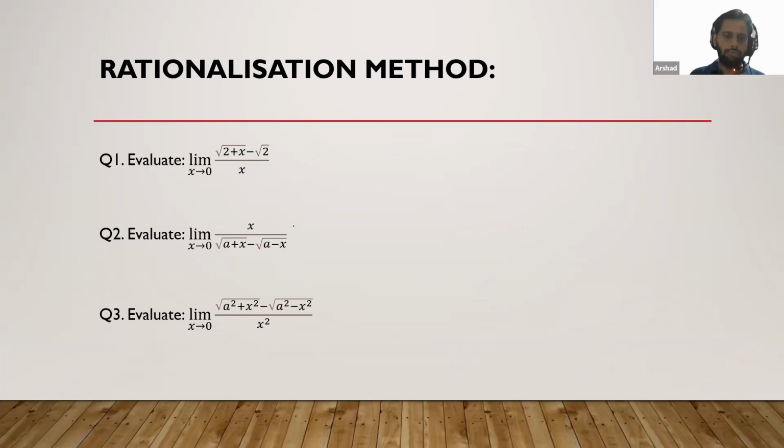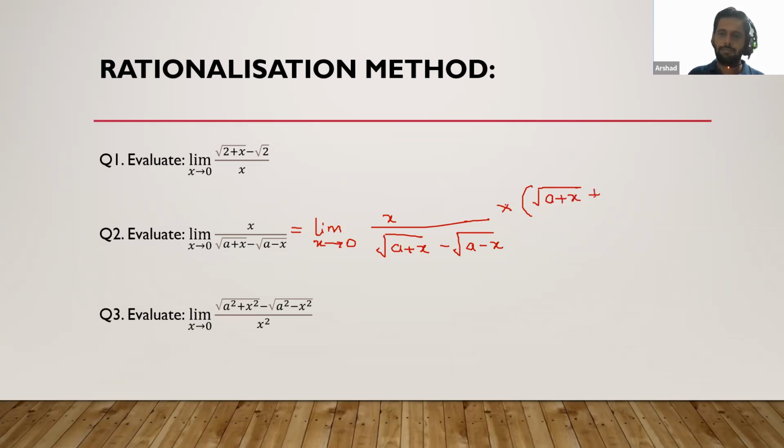Okay, Darshan, please check here. So this is limit x tends to 0, x by under root a plus x minus under root a minus x, into under root a plus x plus under root a minus x by under root a plus x plus under root a minus x.